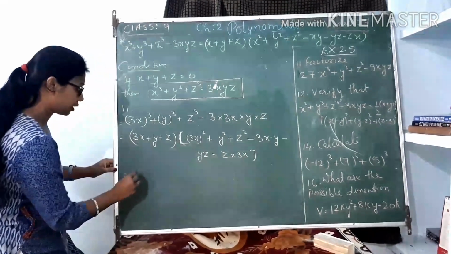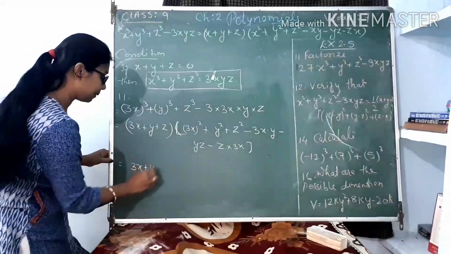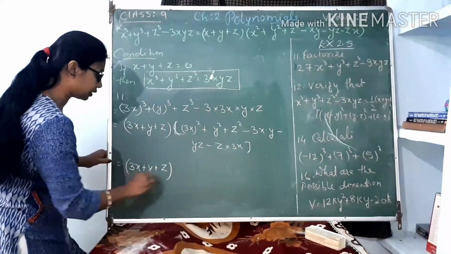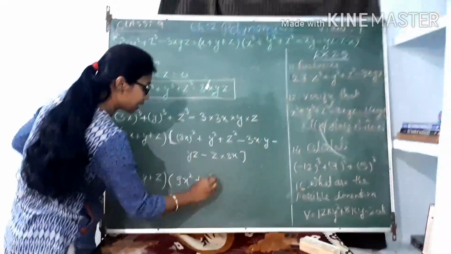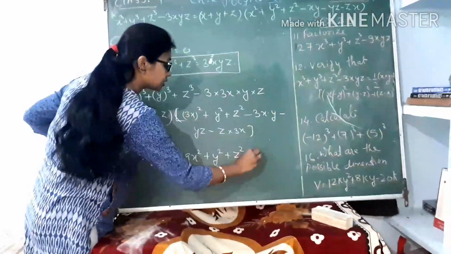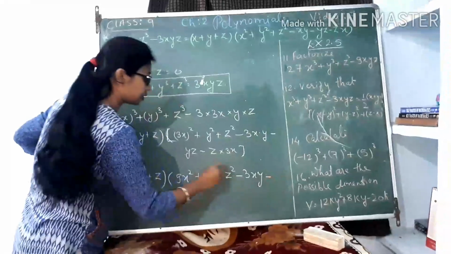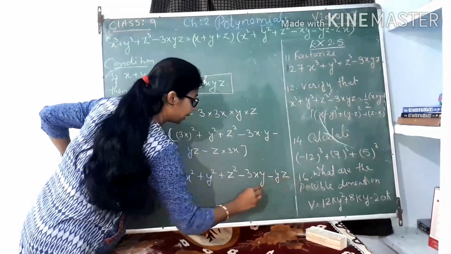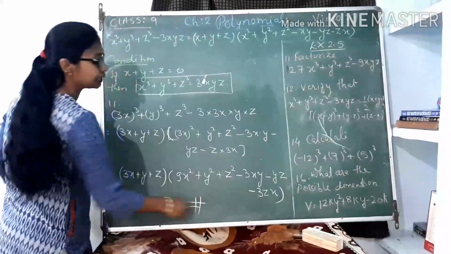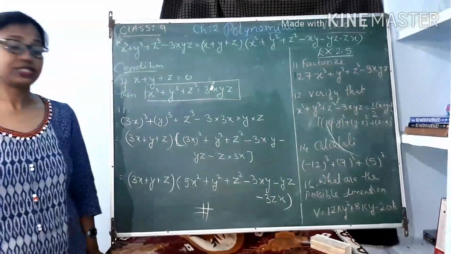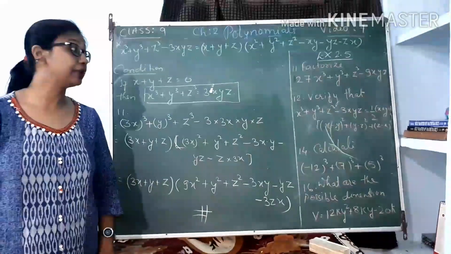Simplify this. 3x plus y plus z in the first term. 3x square gives you 9x square plus y square plus z square minus 3xy minus yz minus 3zx. This completes your factorization. No further calculation you can do.